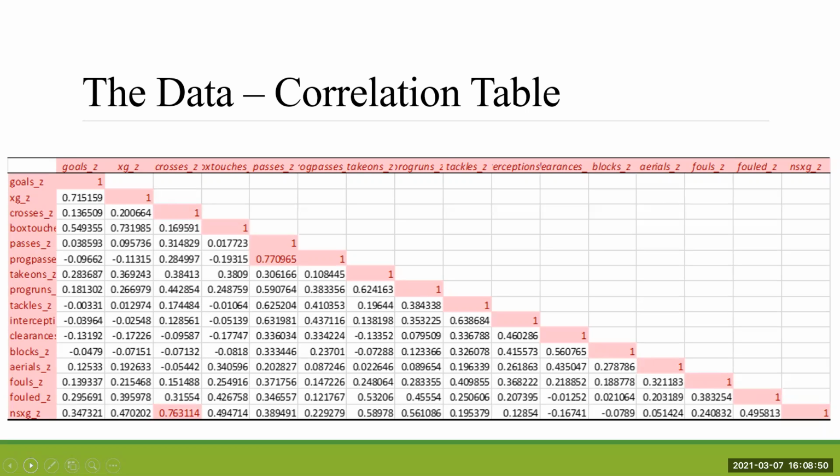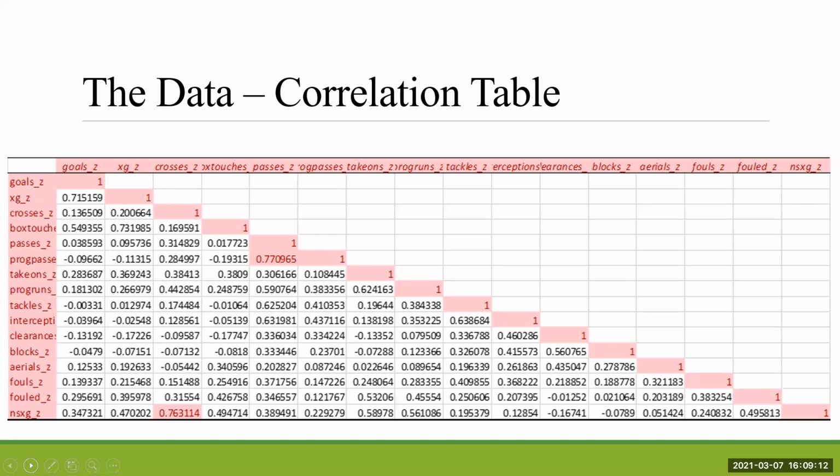So in our table, you can see that the non-shot scoring chances, that very last variable, NSXG, is strongly correlated with crosses. Therefore, in our model, we should never have those two variables both in there at the same time.